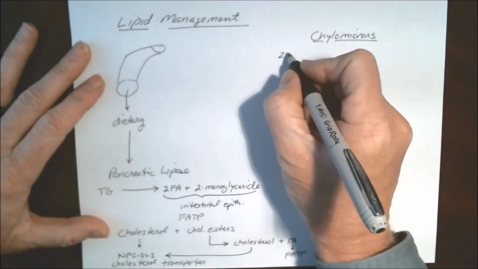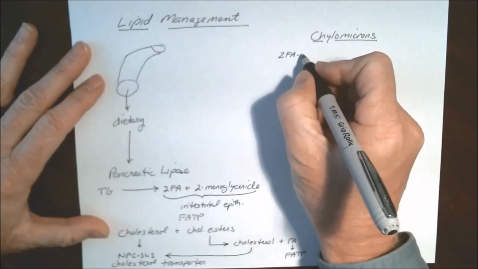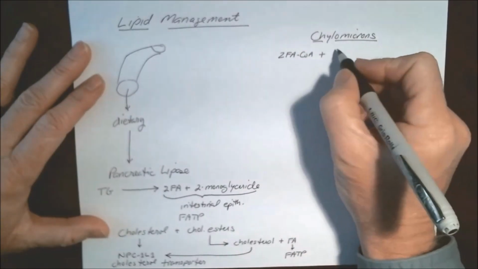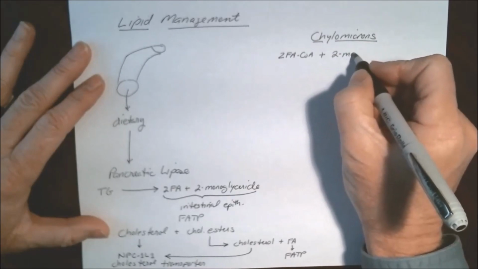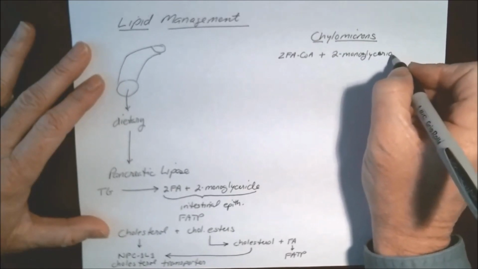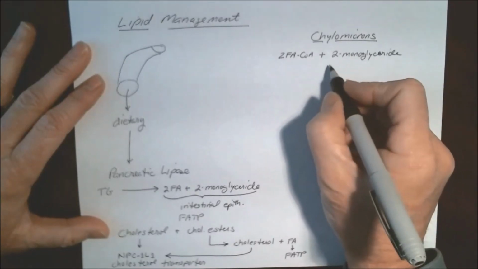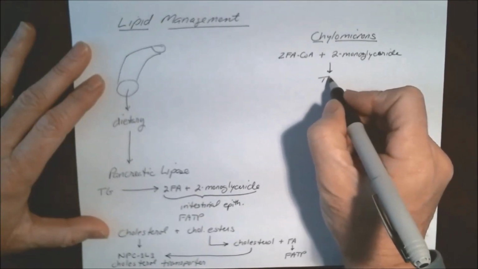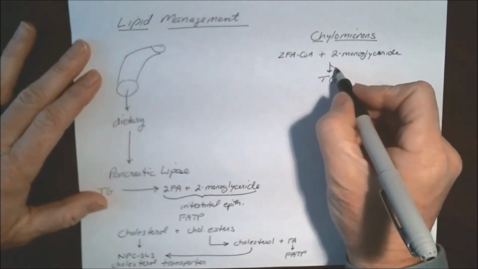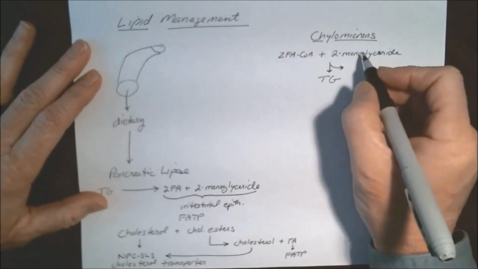In order to do that, the intestinal cells will take two fatty acyl-CoA groups and add these to the 2-monoglyceride structure, and what we are going to generate here is the same triglyceride structure that we are using for transport.